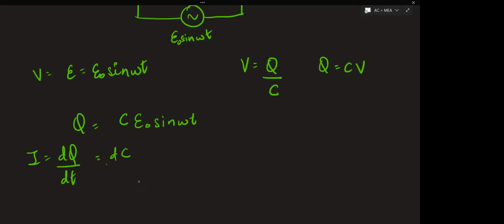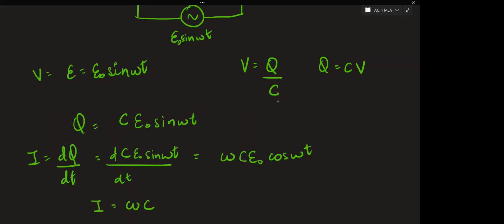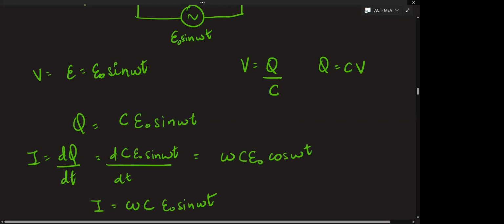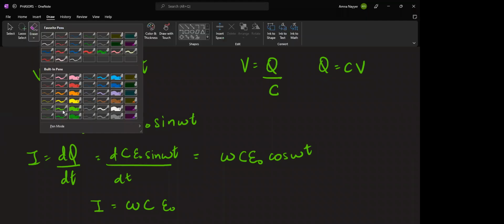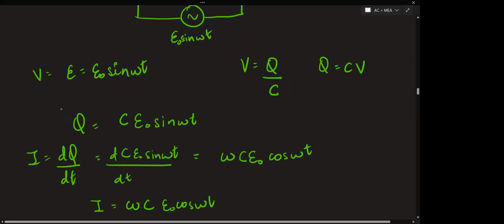Instead of charge, you can write the differentiation of C E naught sine omega t. Omega is a constant, so it comes out, C and E naught are also constants, and we are left with cos omega t. So the equation of current becomes omega C E naught cos omega t.